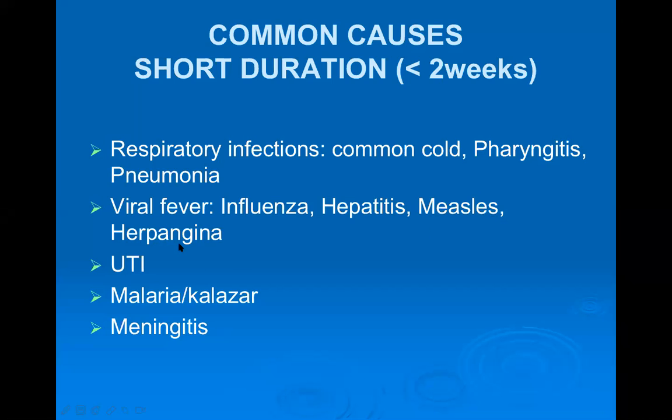Now, what is herpangina? They are called mouth blisters. There is a mouth infection caused by Coxsackie virus. Good. Very good answer. Herpangina is the infection of the posterior part of the oral cavity, which is caused by Coxsackie virus, especially Coxsackie A virus. This is called herpangina.